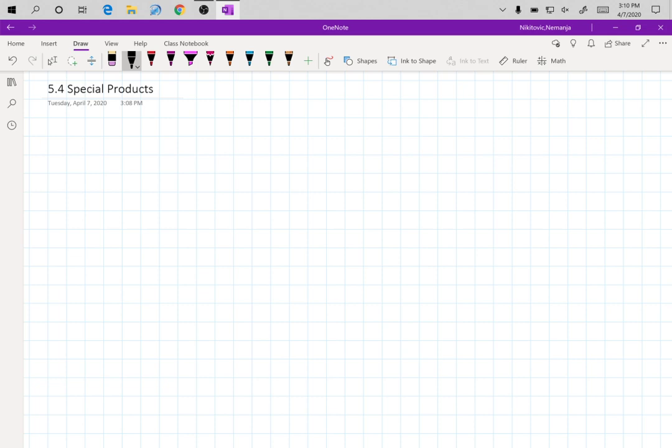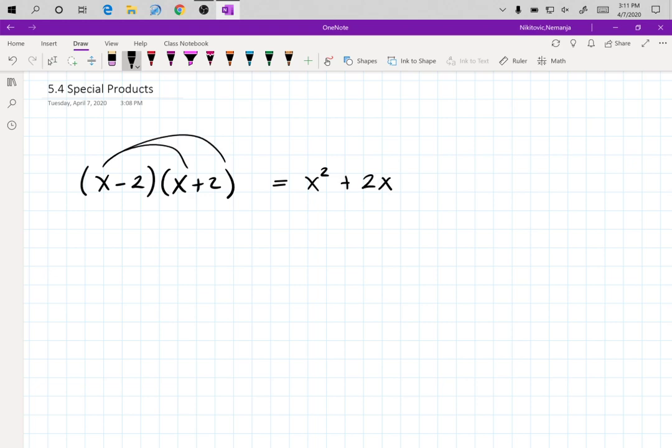So what happens if I have x minus 2 times x plus 2? Well, it shouldn't be anything special, because you have the method from last class where we just FOILed everything. So we have x squared, because that's x times x, and then x times 2 is plus 2x.